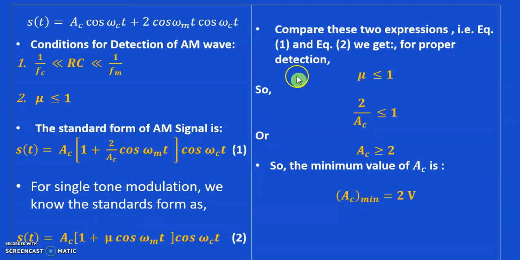And we know that mu should be less than or equal to 1, so that the envelope detector can detect and extract the information from the AM signal. According to this condition, 2 over Ac should be less than or equal to 1, so Ac is greater than or equal to 2. So the minimum value of Ac should be 2.